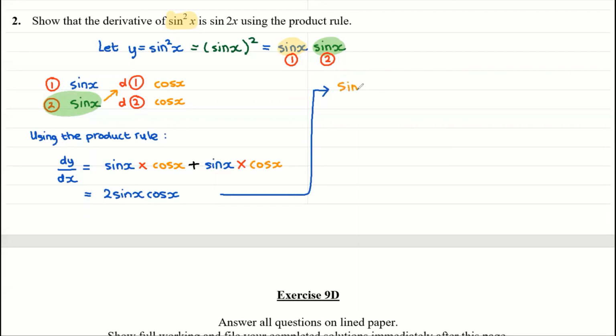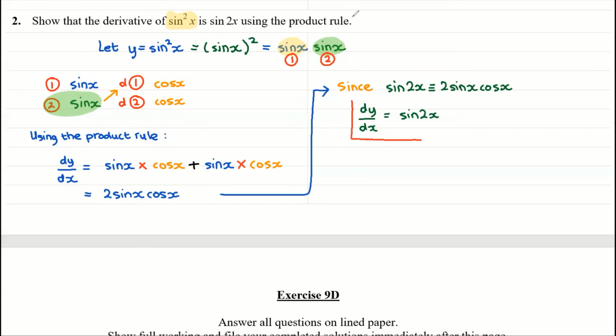So since we know that sine of 2x is identical to 2 sine x cosine x, we now know that if you differentiate sine squared x, you're just going to get that. So that's another nice way of doing it. So we've got the final result.